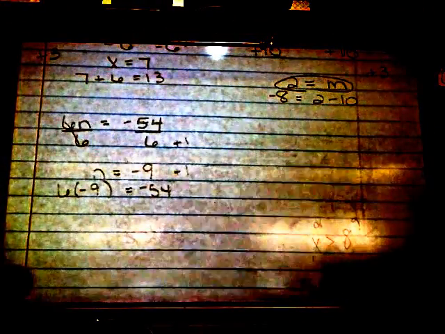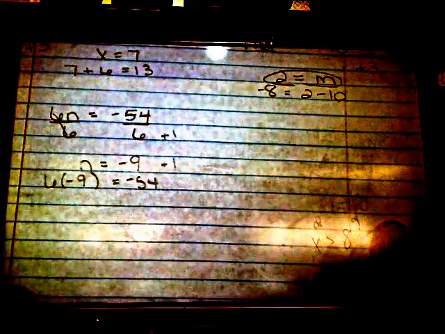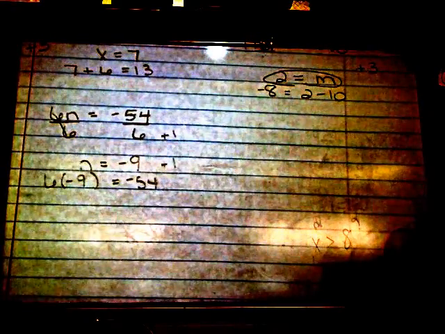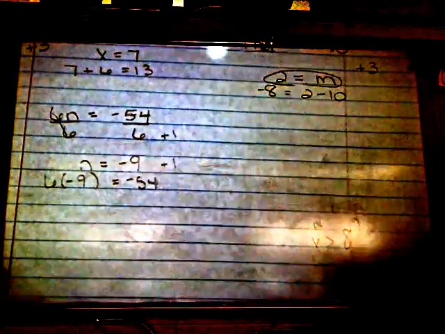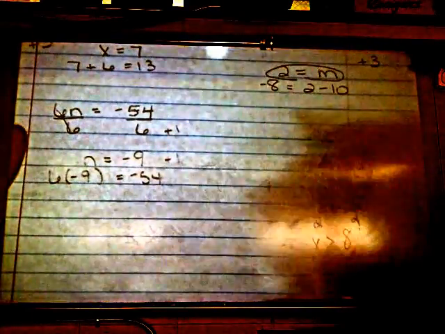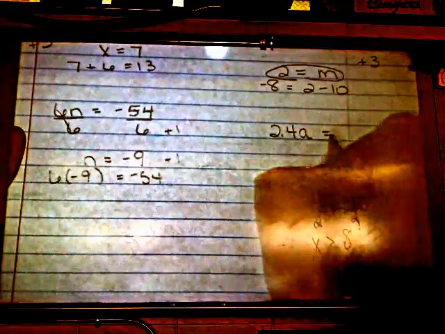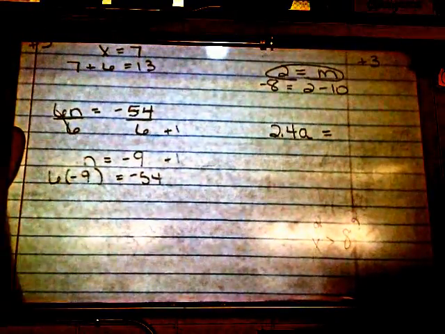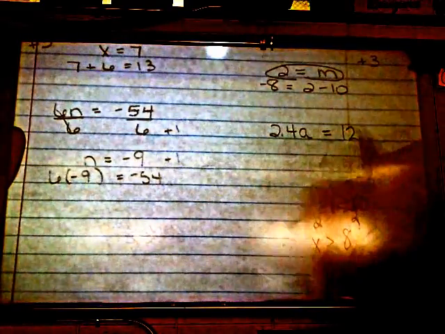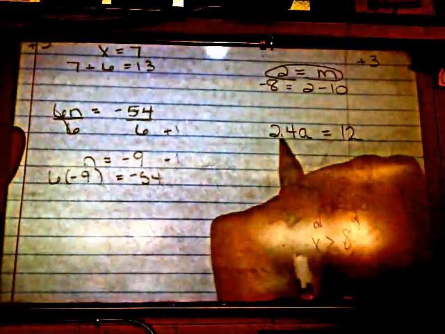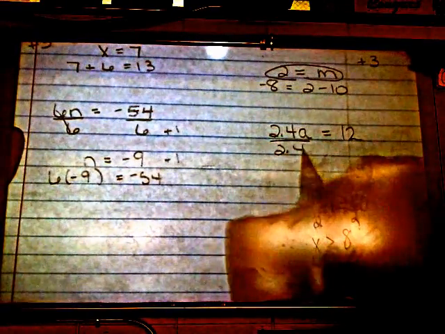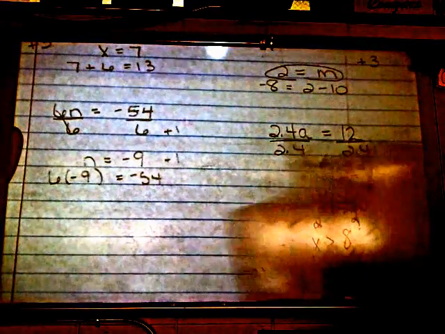Okay, you may have some where you have rational coefficients. Rational, remembering, could be decimal or fractional. So one of the things I might have is maybe 2.4a is equal to 12. Now when I solve this, I'm going to divide both sides by 2.4. So those are going to cancel.